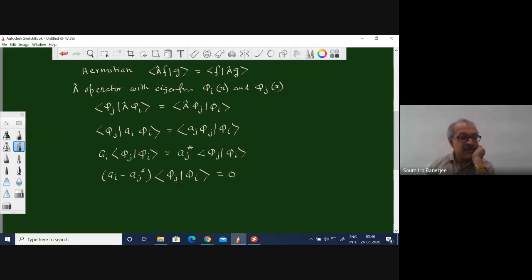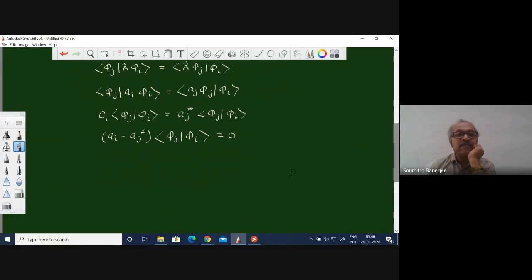First, for i equal to j, the inner product is definitely not 0, because it will be 1, so the other factor must be equal to 0.